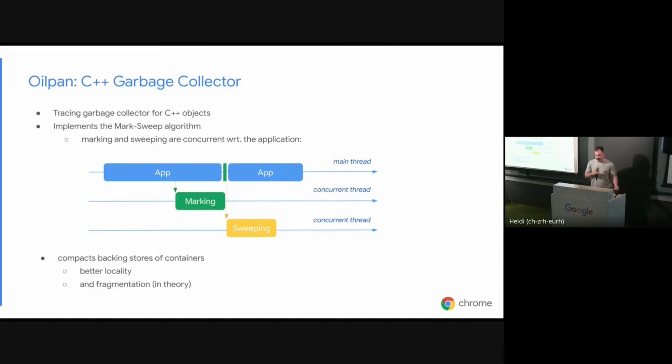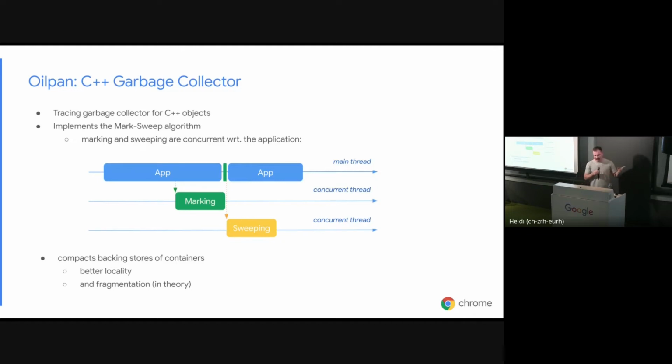It implements the most famous, I guess, algorithm called mark sweep. Marking is basically the phase when you traverse the object graph, and sweeping is the reclamation phase when you traverse the heap and destroy all the objects that are dead. And what characterizes Oilpan, the garbage collector, is that both of the phases are concurrent to the main thread, to the application.